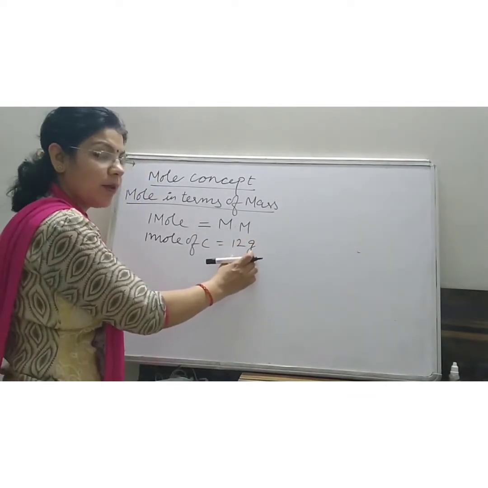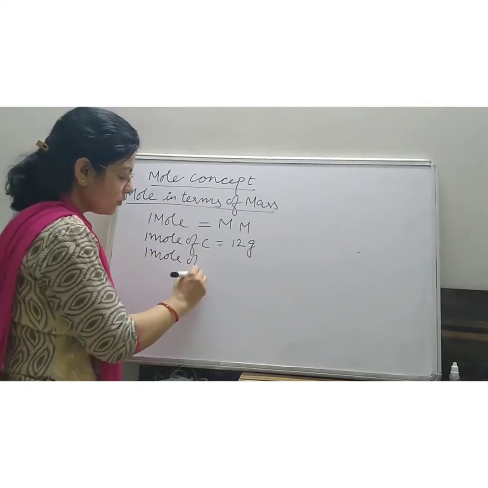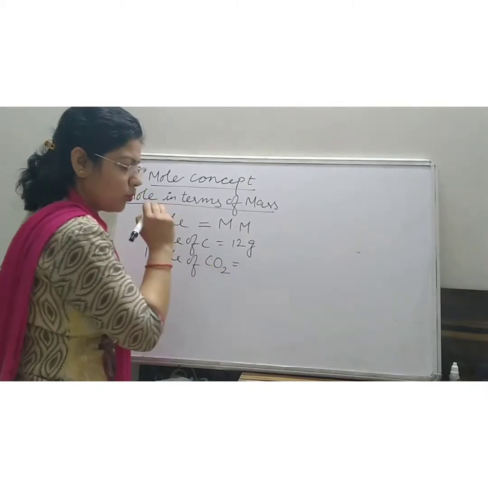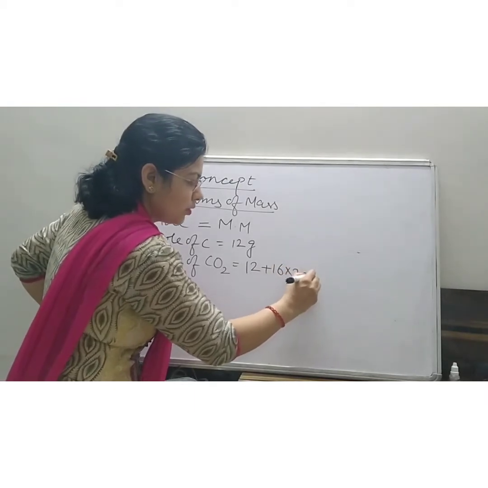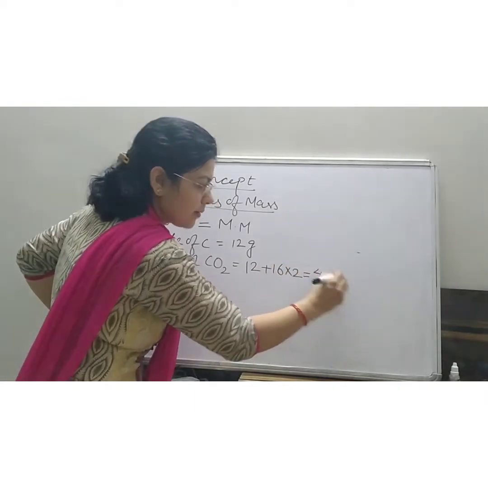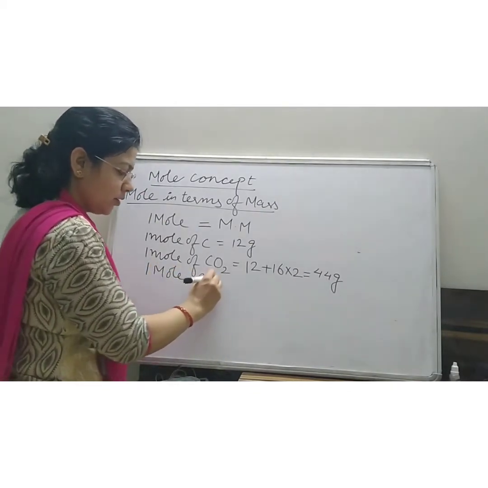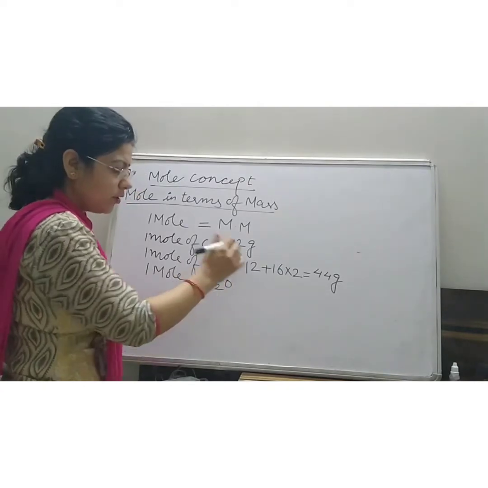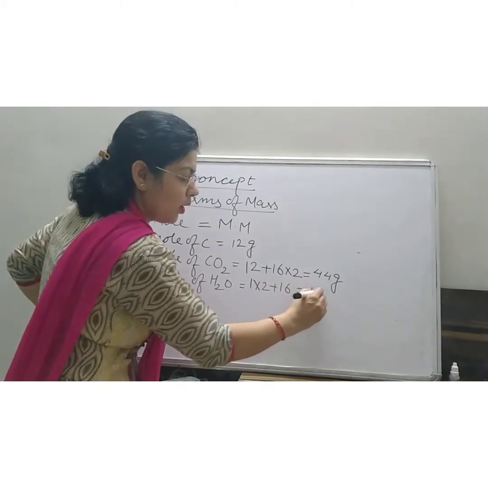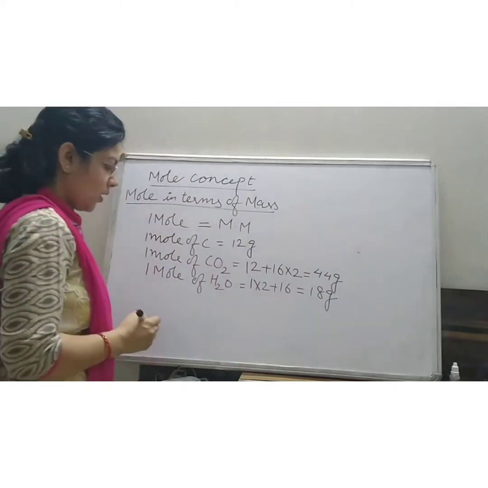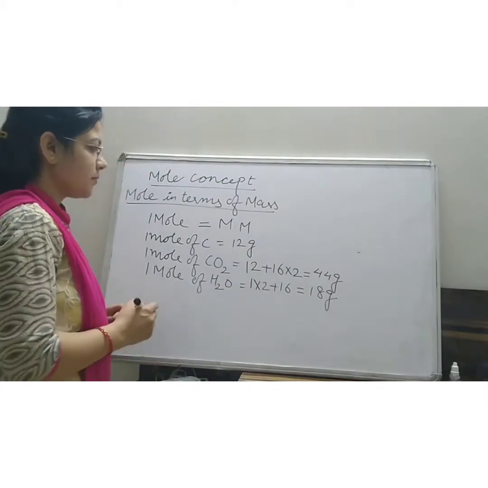Because the mass of carbon is 12. 1 mole of carbon dioxide is equal to 12 plus 16 into 2, that is 44 grams. 1 mole of water is equal to 1 into 2 plus 16, that is 18 grams. 1 mole of water has mass equal to 18 grams.